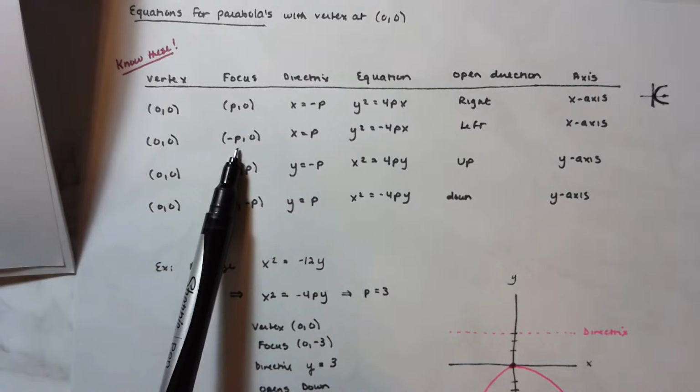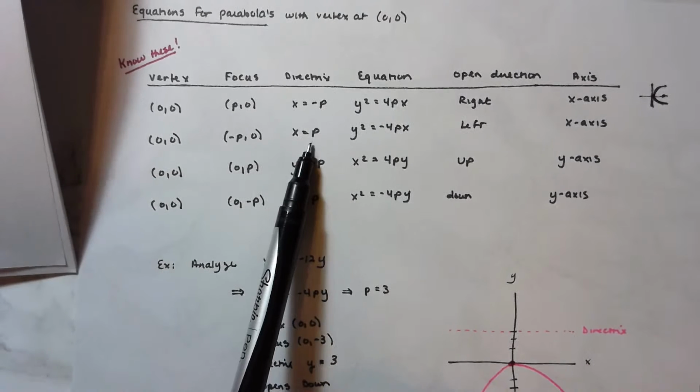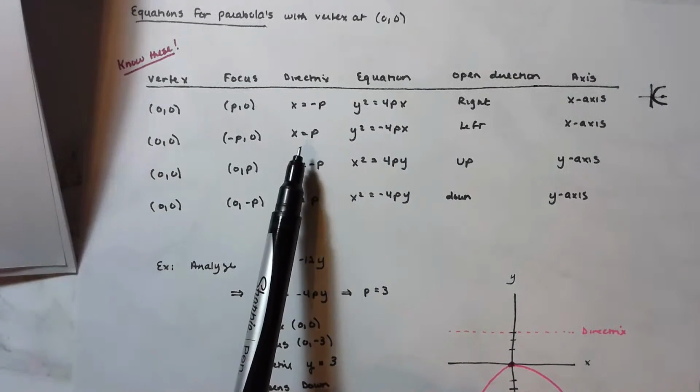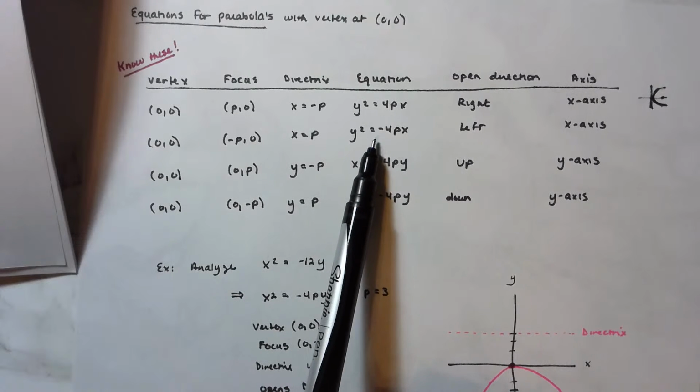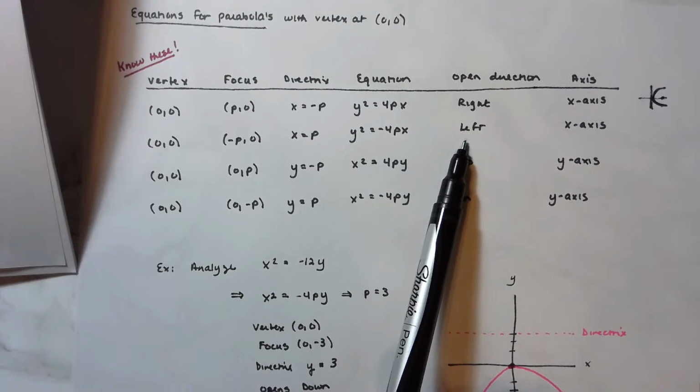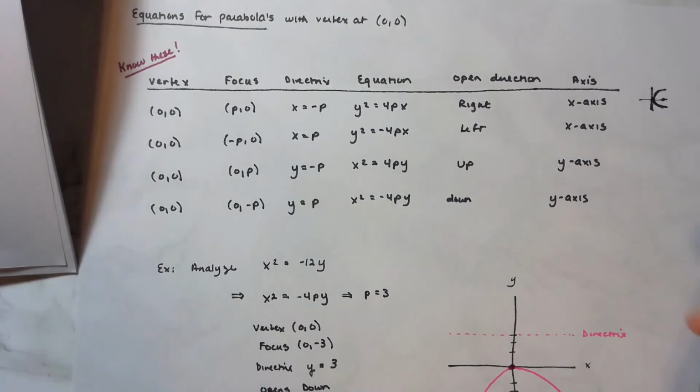The line for the directrix is going to be the line x equals p, whatever that value is, and you'll learn how to find that in a minute. The equation is y squared equals negative 4px. It's going to open to the left, and again, the x-axis is the axis of symmetry. So that one, if this is the xy axis, would look like this. My focus would be somewhere in here, my directrix would be somewhere out here, and it would open to the left.